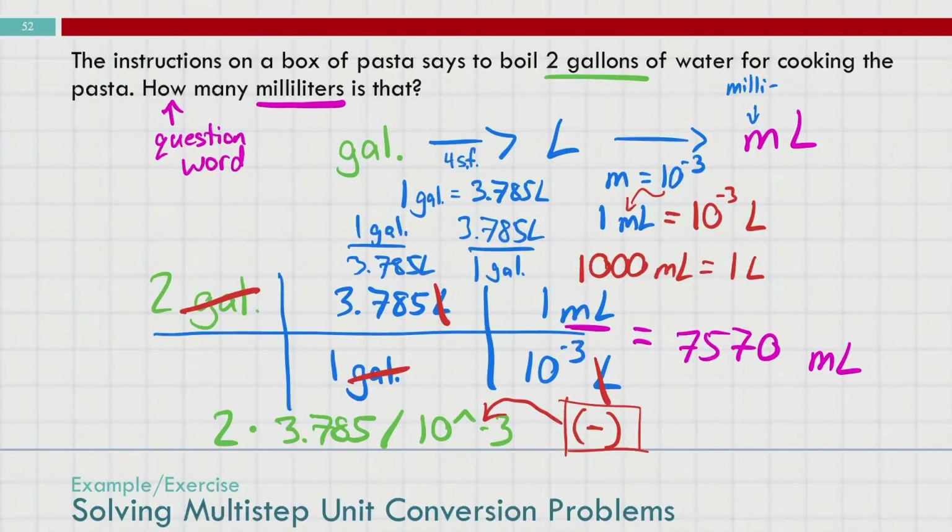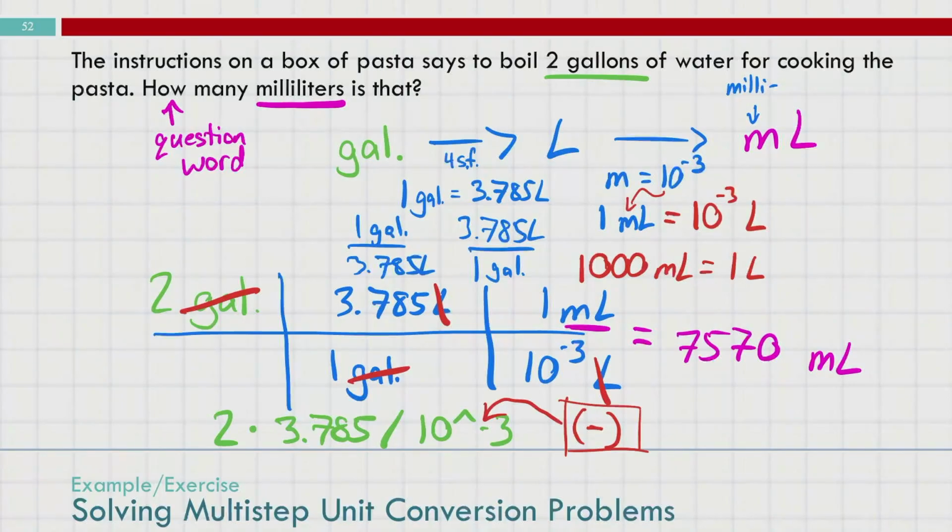Because the 0 is ambiguous. It's sig figs. So our box of pasta says 2. How many significant figures does 2 have? 1. So we get to round this for one significant figure.